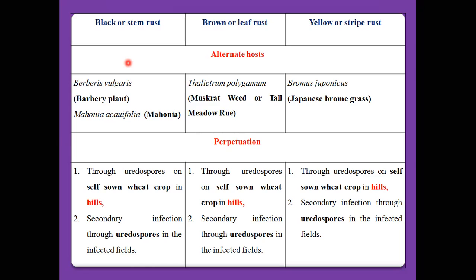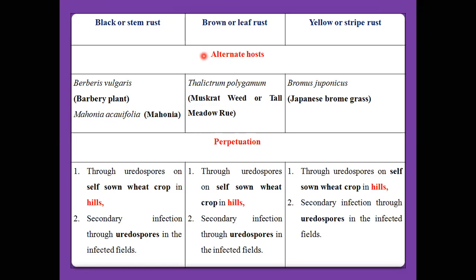Here the rust pathogen completes its life cycle on the wheat crop as well as on an alternate host, meaning they require the wheat crop as well as the alternate host to complete the life cycle of the Puccinia pathogens.